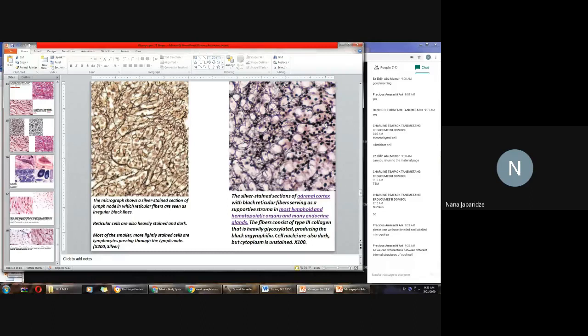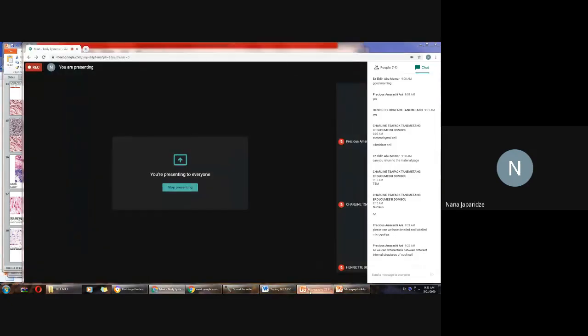So when we are talking about the connective tissue proper, and even when we are talking about the extracellular matrix, we have to know the main components of this matrix. So what are these main components?